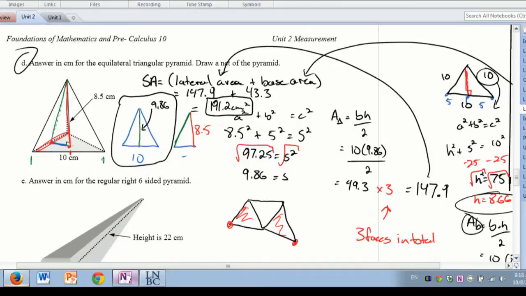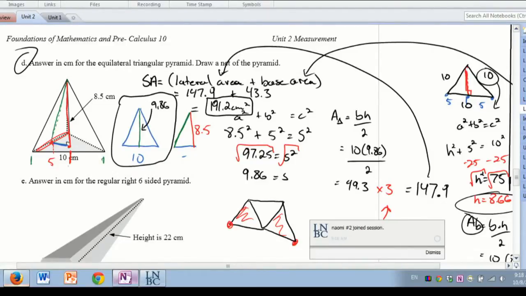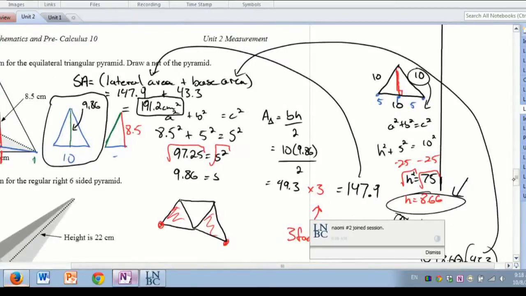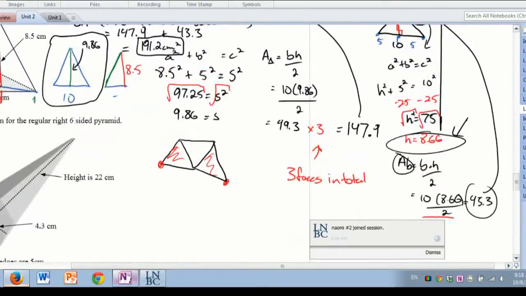But if you look at this picture, even from here to here is 5, so this is a lot shorter of a distance. So how do I get that if it's not half? What we did in the question is we found the complete height of this bottom triangle, way over here on my right-hand side, and we found it to be 8.66.